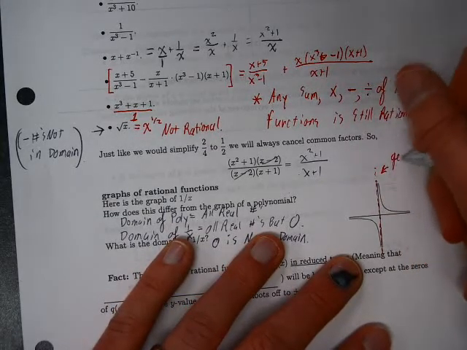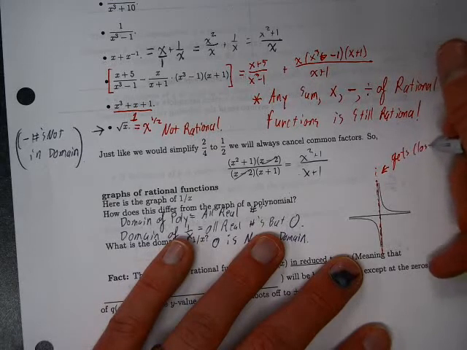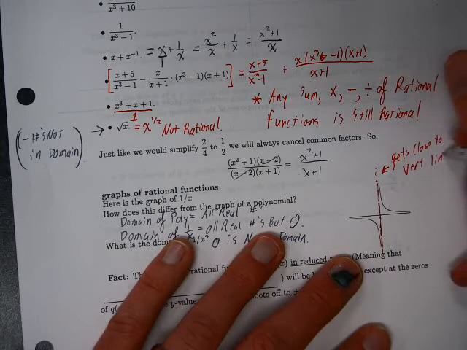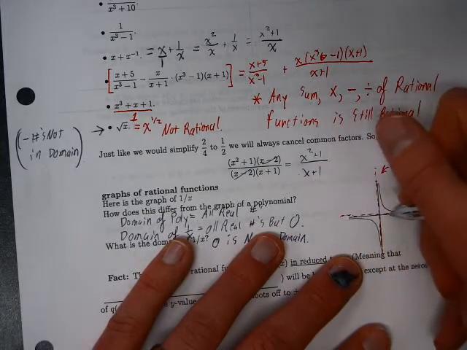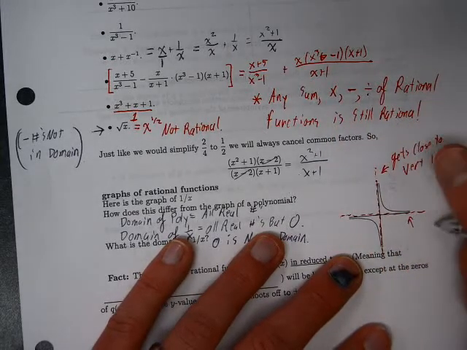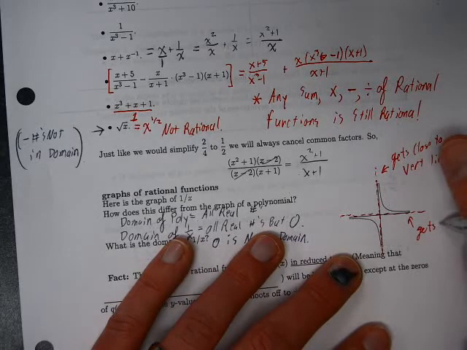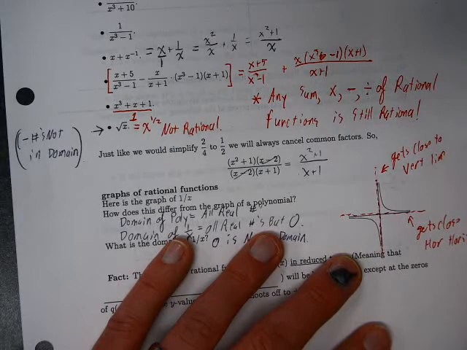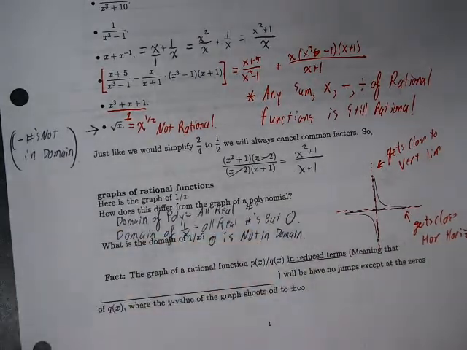So it gets close to this vertical line, and it also gets close to a horizontal line. And polynomials just don't do that, right? If you draw a vertical line, the polynomial will crash right through that vertical line. It won't shoot off to plus infinity near that line.